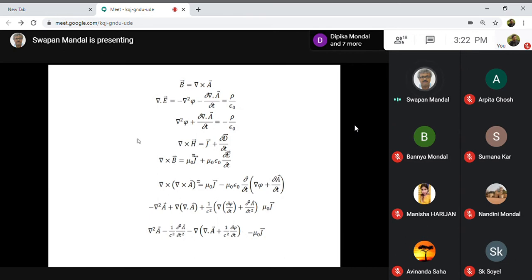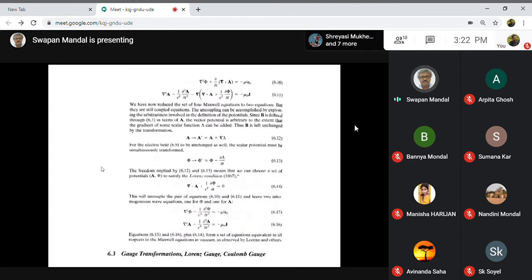So we end up with two second order differential equations, and unfortunately both the differential equations are inhomogeneous. So this is very difficult to solve.